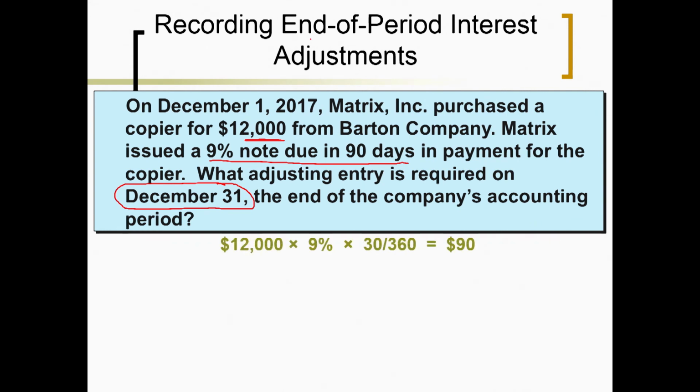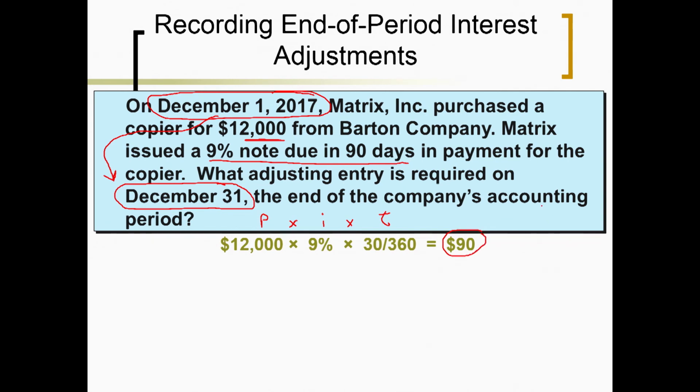Well, we take the principal amount of $12,000 times the interest rate, and then we take it times not 90 days, but how many days have gone by between December 1st and December 31st. 30 days, right? So we take it times that time factor, and that gives us the amount of interest that is due on December 31st.